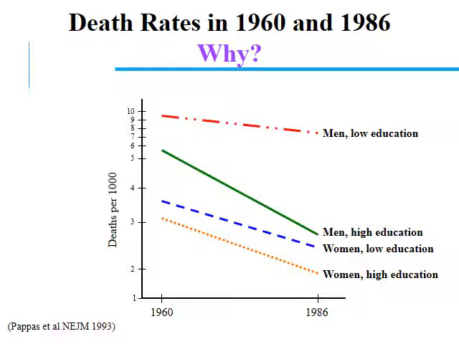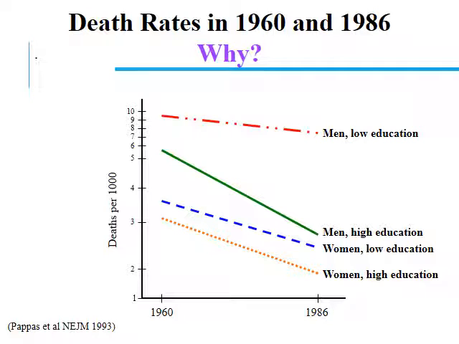Now, on this slide, my notes are popping up here. I want you to look at the slide, and you can see that, well, what do you see? You see deaths per 1,000 from 1960 through 1986.